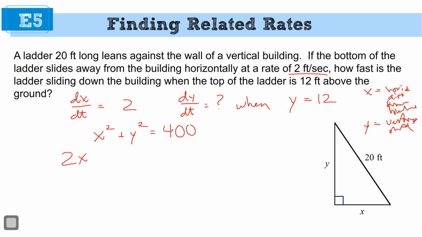I'll give you the 2x. 2x dx/dt plus 2y dy/dt equals 0. Beautiful. No y prime. Y prime again is dy/dx. We don't want dy/dx, we want dy/dt. Sorry.